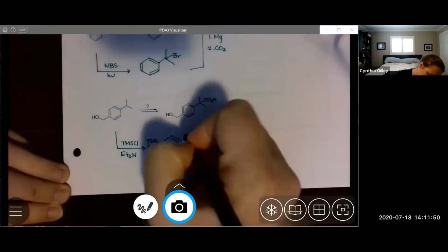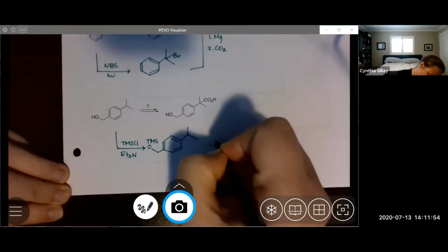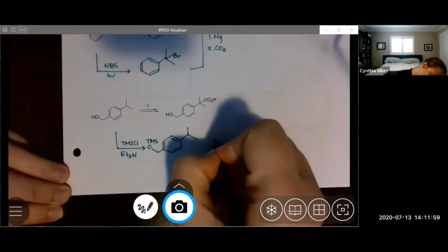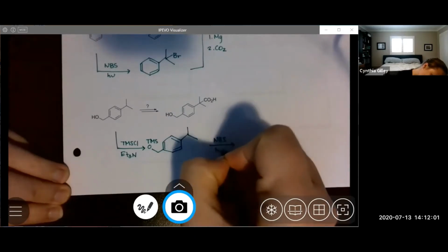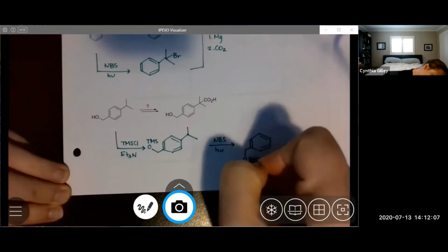And after we protect, now we can proceed with forming a new carbon-carbon bond. Do the same reactions that we did before.